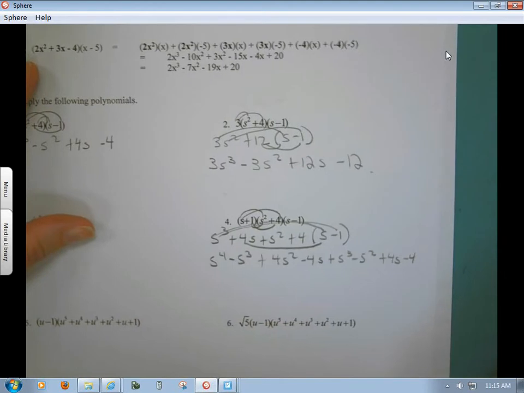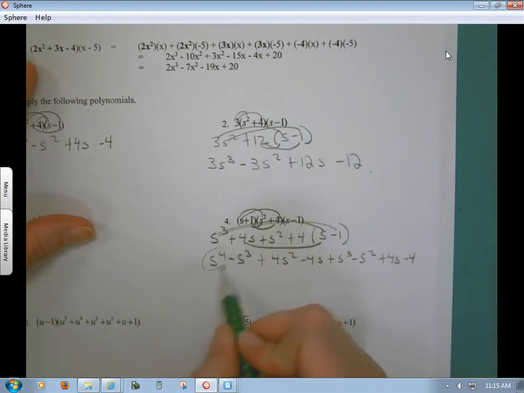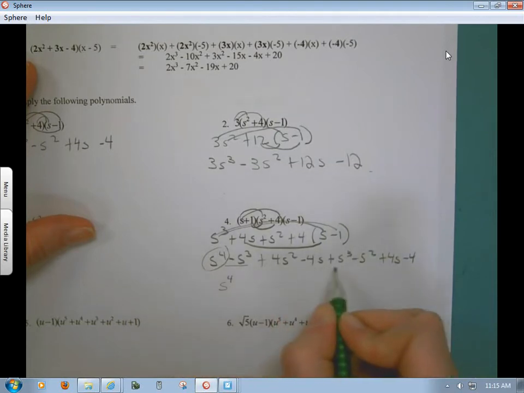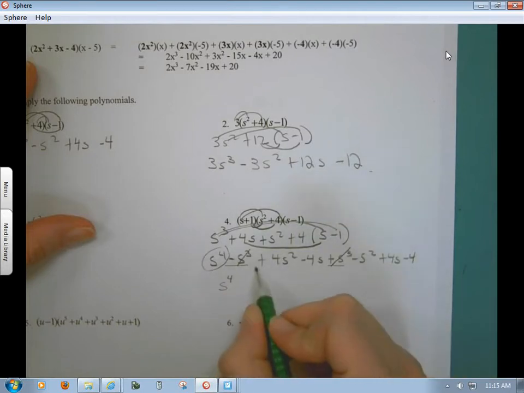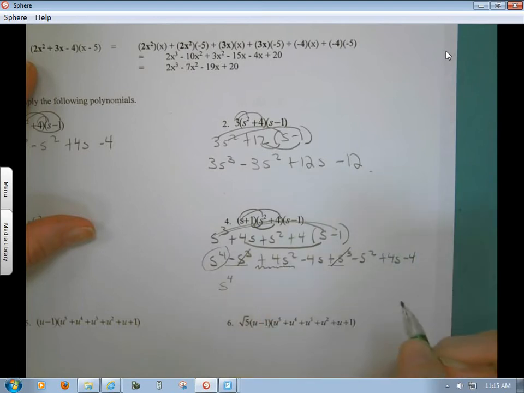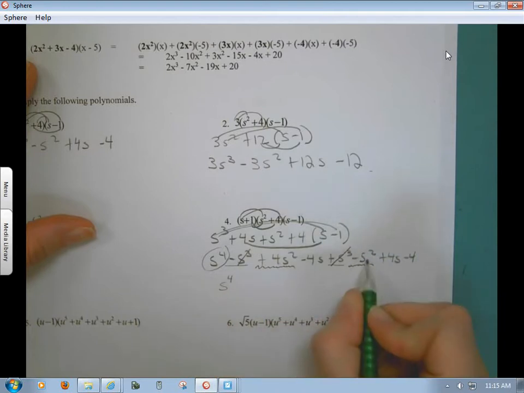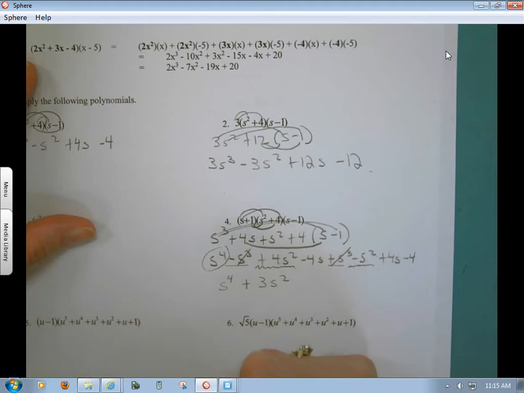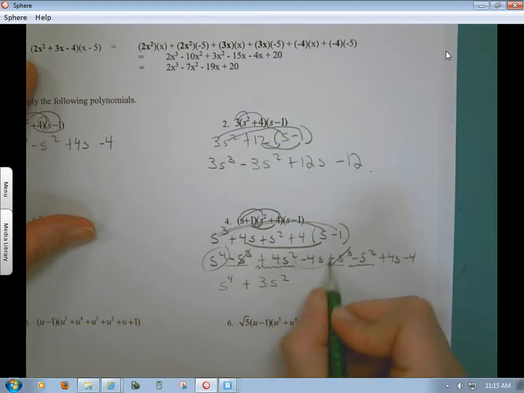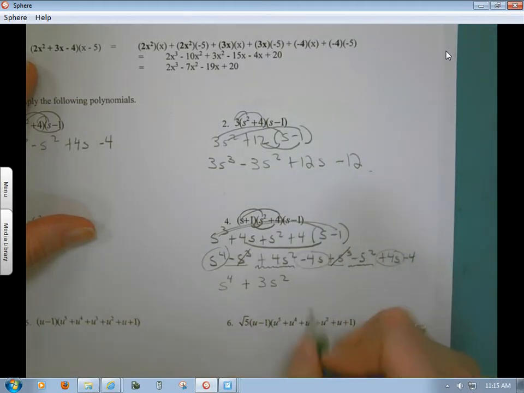Okay, now I look for like terms. s to the 4th, nothing goes with it. Negative s to the 3rd, and an s to the 3rd. Those are going to cancel. 4s squared, and a negative s squared at that, gives me a positive 3s squared. Then a negative 4s and a 4s cancel out, and then I'm left with minus 4.